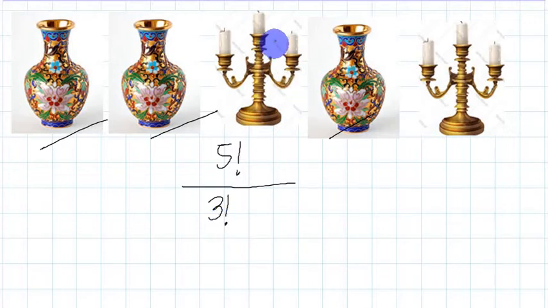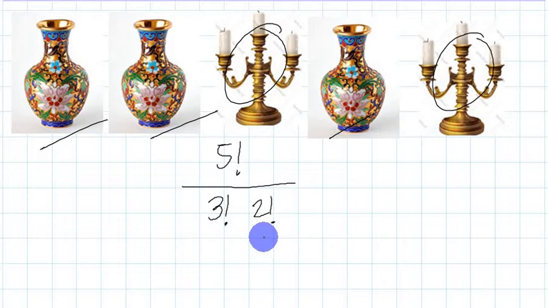Now, the number of ways of arranging these 2 candlesticks would be 2 factorial. So I would also need to remove 2 factorial from 5 factorial after removing the 3 factorial. So that's why they're both in the denominator. And if you're going to combine that together, this will just be multiplication.